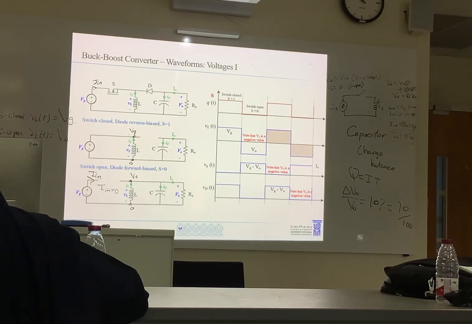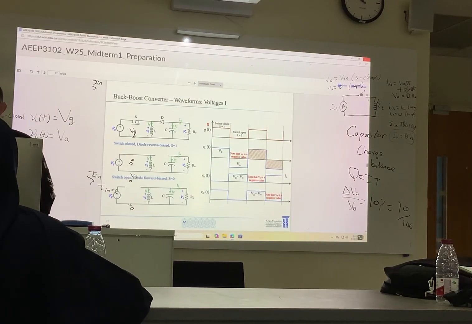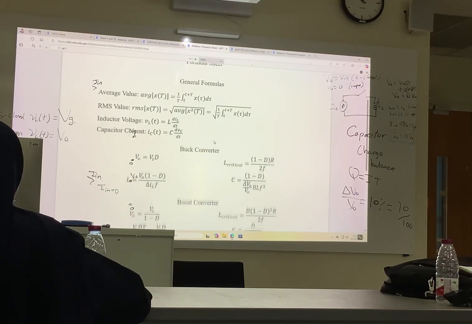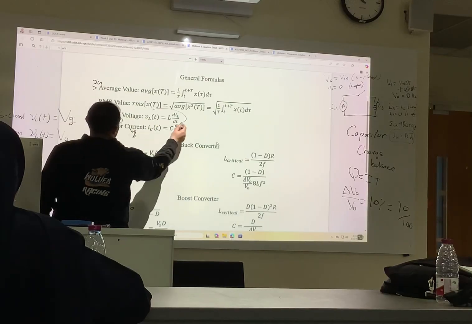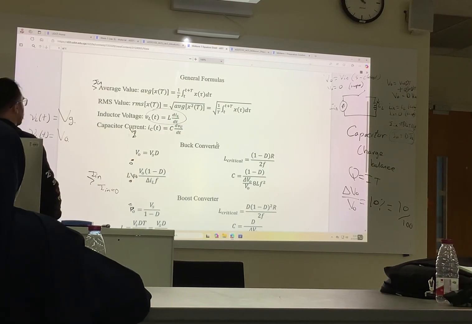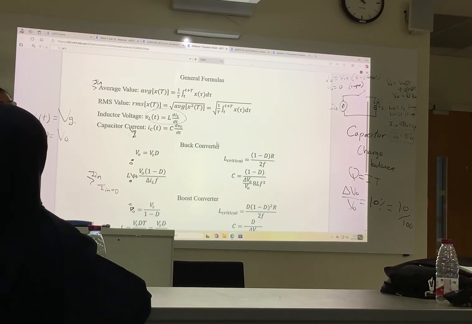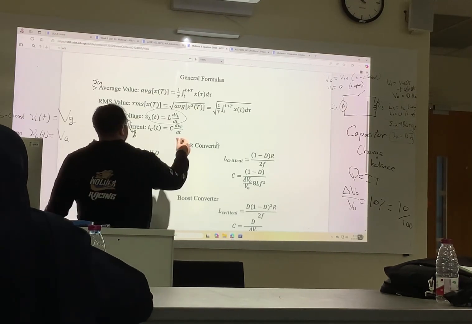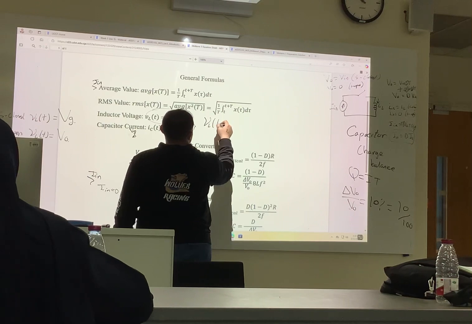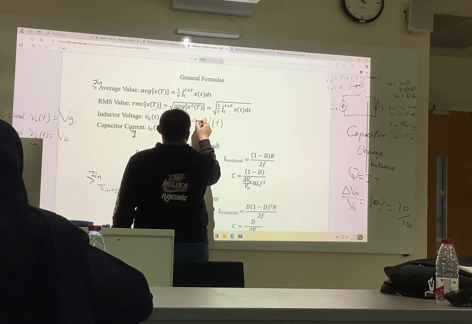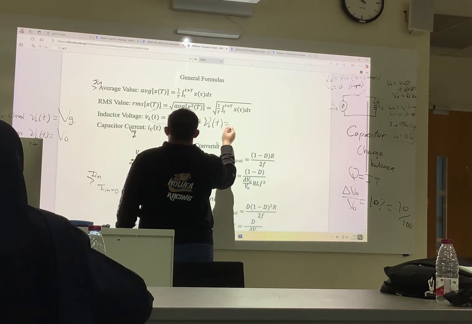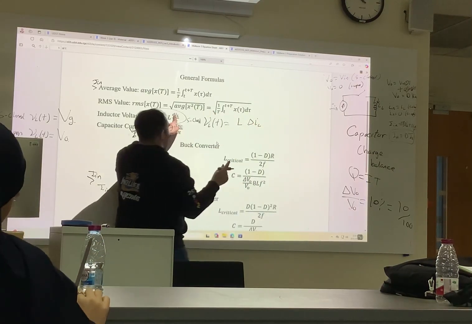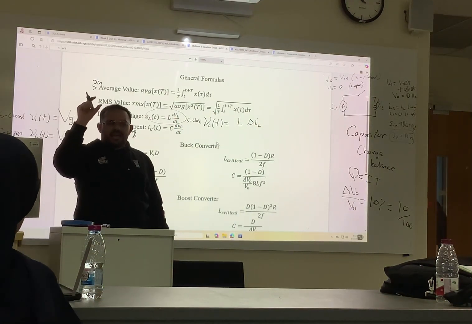Good, now what? Now I go to the equation sheet here and I find this relationship. VL of t equals L diL by dt. So VL of t, when the switch is closed, equals L delta I. L di means a fraction of IL.